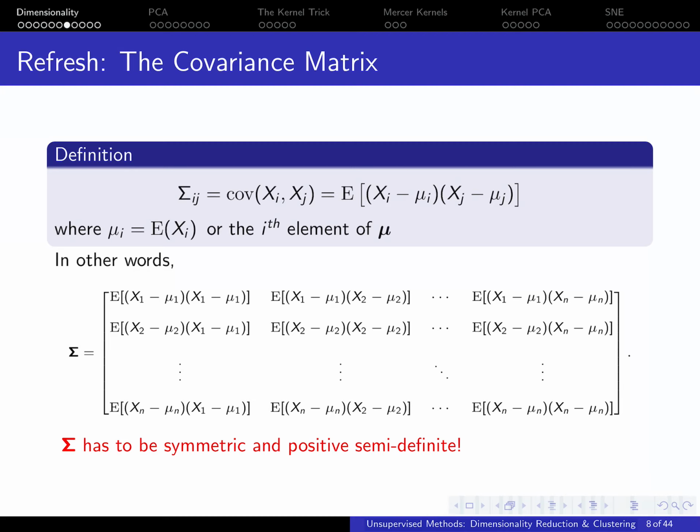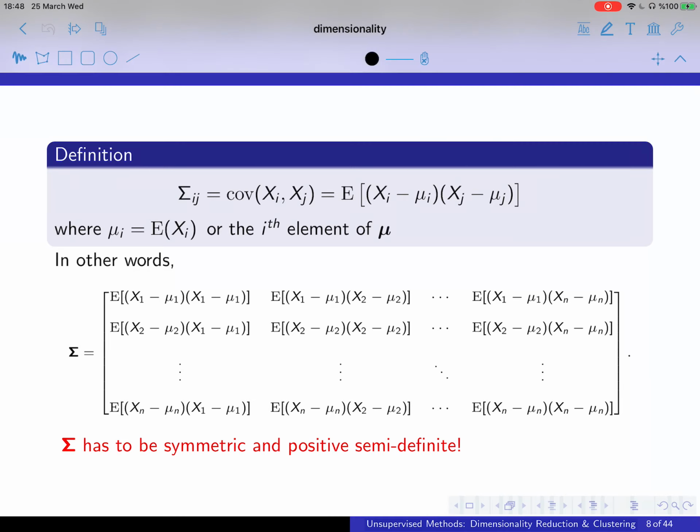Notice that the covariance matrix is essentially the data items xi, xj, so the different dimensions, the different columns of the X matrix, each one you subtract the mean. So if you've already centered this dimension, then the mean is 0, so you're subtracting nothing, which means it's essentially the multiplication of these things and the expectation of the multiplication. So matrix multiplication conveniently does that for you.